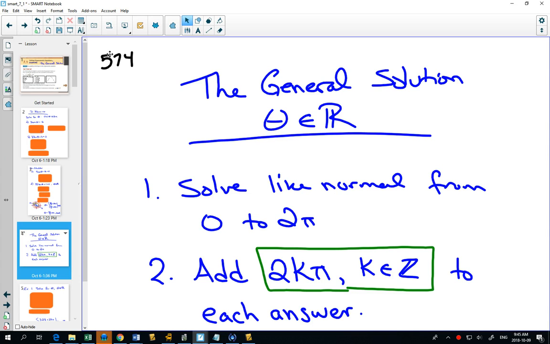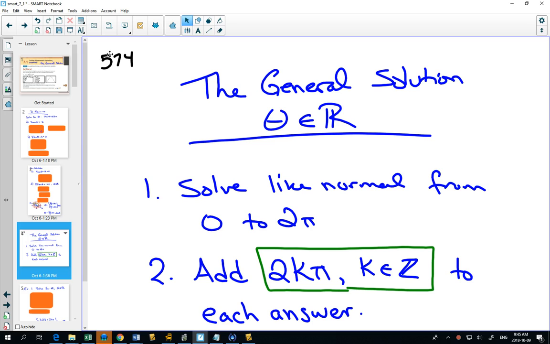But this is still 2 pi times k, even though the k is in the middle. And that 2k pi just means, well, if one of the answers was pi over 6 and I add 2 pi once, I'd be at a place coterminal with that. If I add 2 pi twice, I'd still be at a place coterminal with that. So it's basically combining the ideas of coterminal angles and solving like normal between 0 and 2 pi.